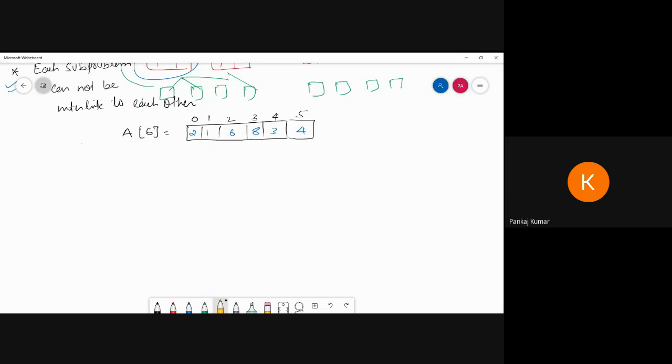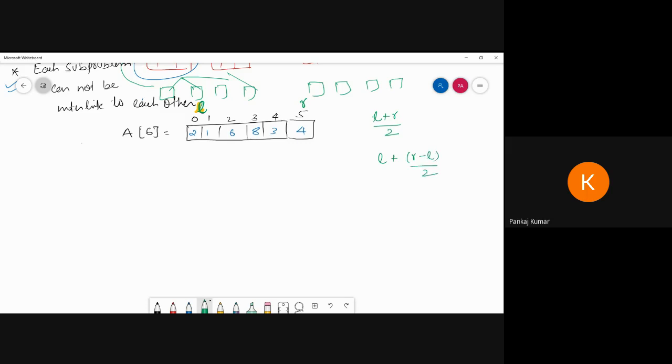So the indices are 0, 1, 2, 3, 4, 5. To find the division point, I take the first index as L and the last index as R. So mid is L plus R divided by 2, or sometimes we write L plus (R minus L) divided by 2.